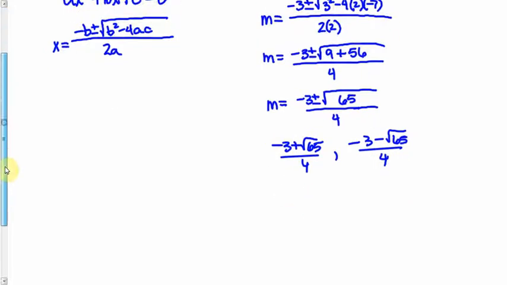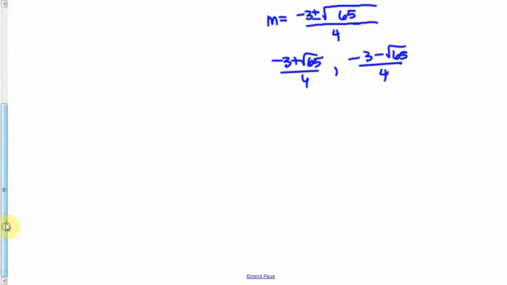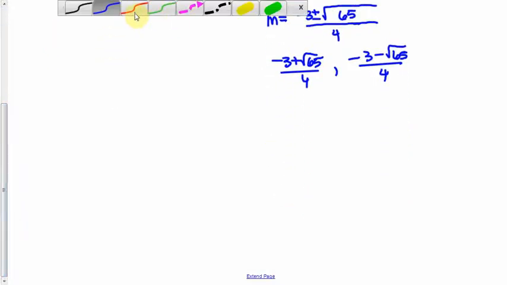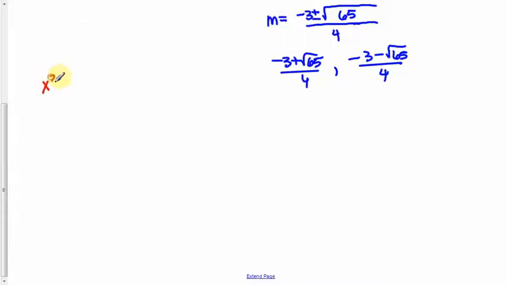All right, let's do another one just so we're really familiar with it. So we're going to solve x squared minus 6x plus 4 equals 0.